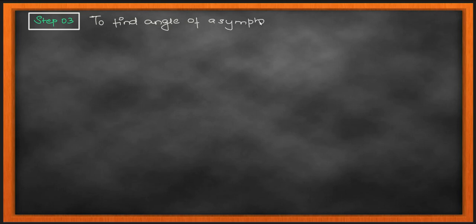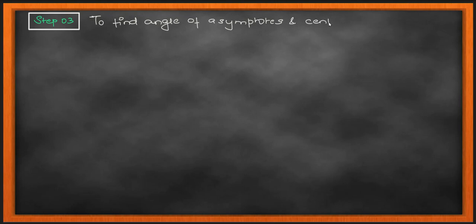That is step 2 done, and now I'm going to step 3, asymptotes and centroids. So I'm going to compute my asymptotes and centroids. You can plot these centroids in your graph.